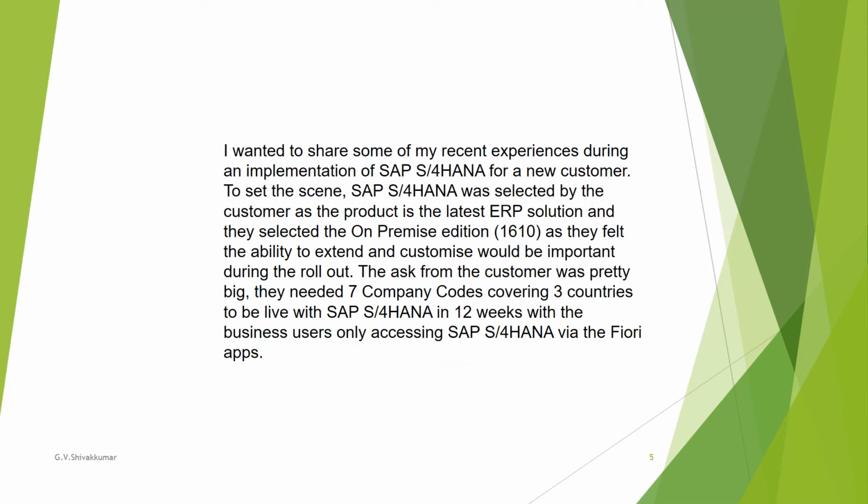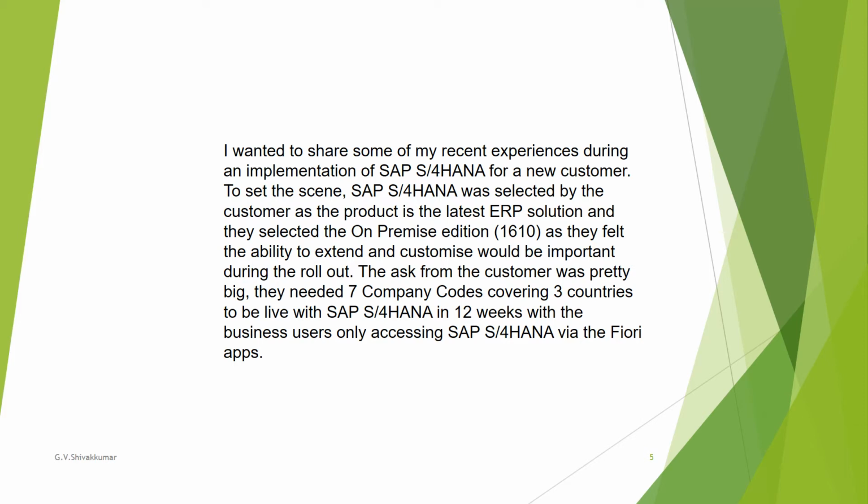As I'm seeing many times, based on a client's recent experience during S4HANA implementations, for a new customer, to set the scene, SAP S4HANA was selected by the customer as the latest ERP solution, and they selected the on-premise 1610 as they felt the ability to extend and customize would be important during the rollout.